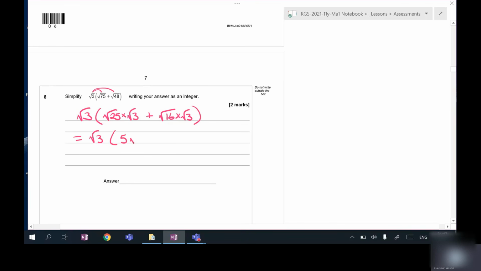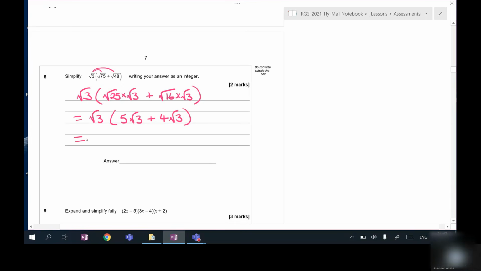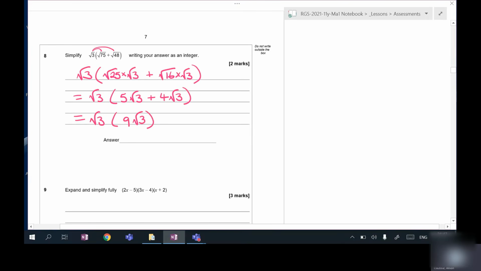So I've got 5 root 3, add 4 root 3, which ends up being 9 root 3. So if I then multiply 9 root 3 by root 3, root 3 times root 3, remember, is 3, so I get 27. So after all that, it's simplified down to 27.